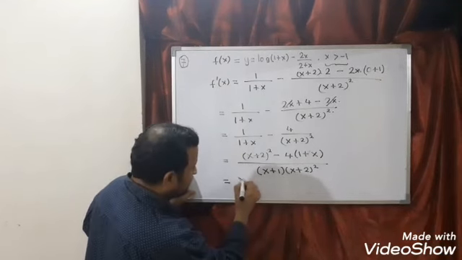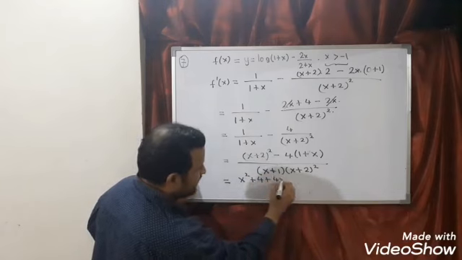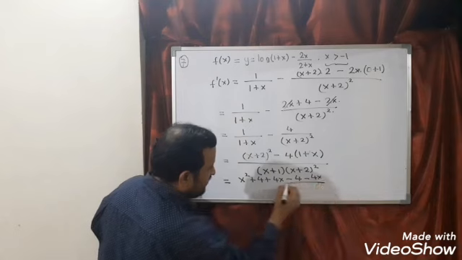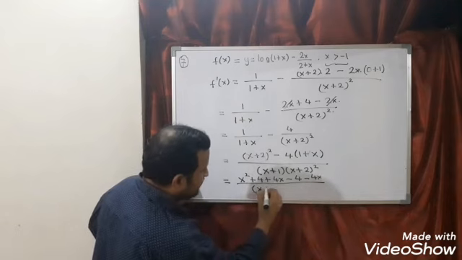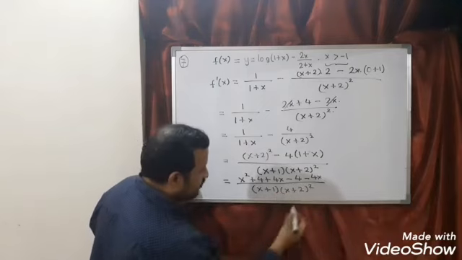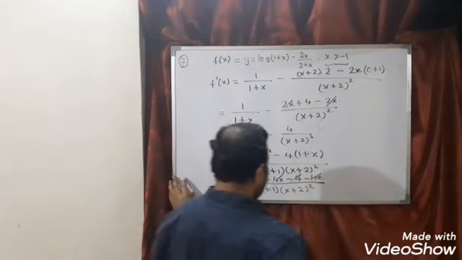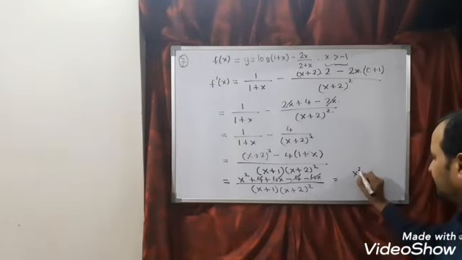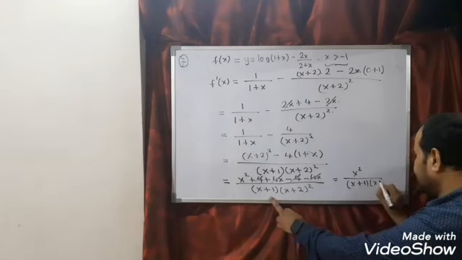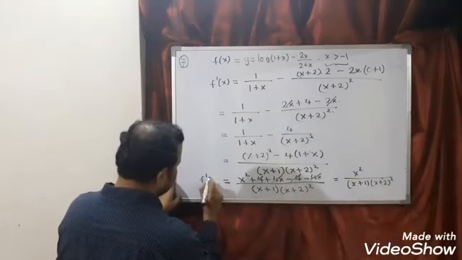So when you expand, what you will get? x square plus 4x plus 4 (a plus b whole square) minus 4 minus 4x, whole divided by the denominator (x plus 1) into (x plus 2) whole square. So you can see here 4x cancels, 4 cancels. So what is left? Left is x square divided by (x plus 1) into (x plus 2) whole square. So this is nothing but f dash x.